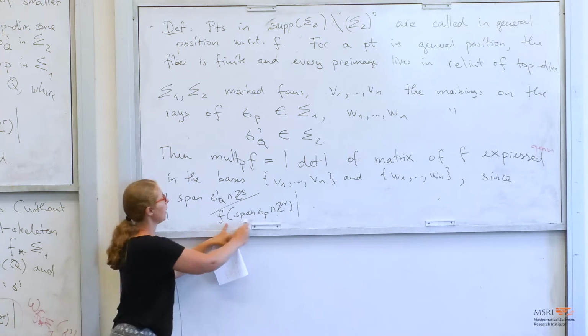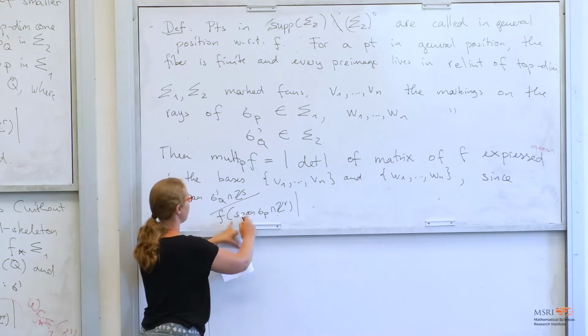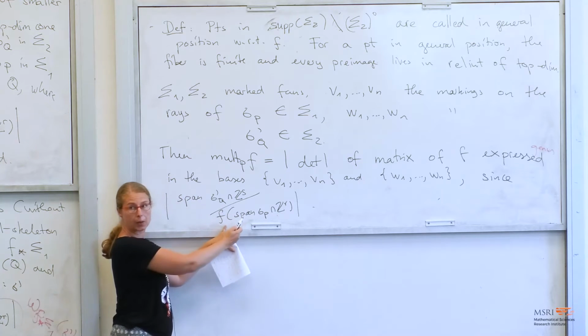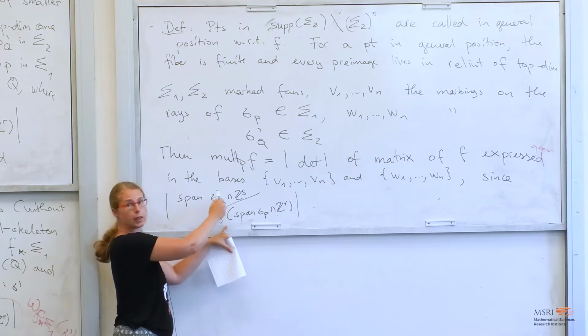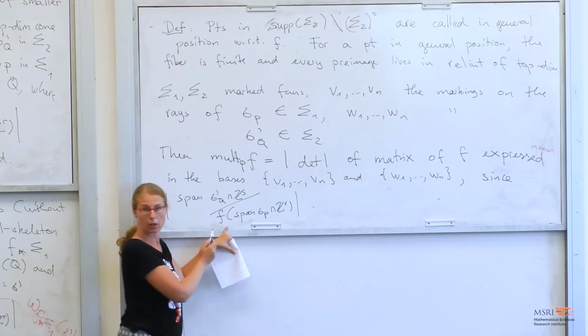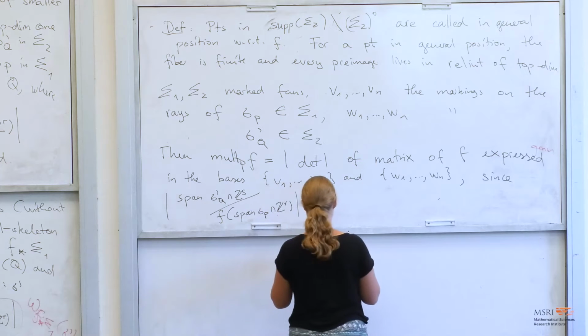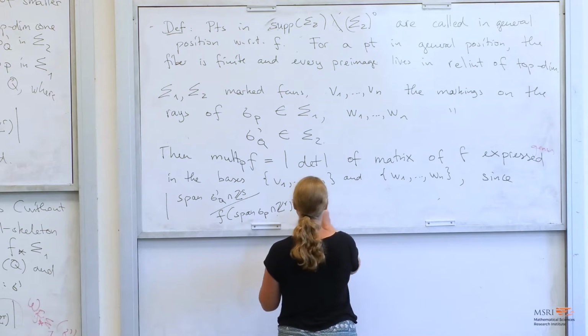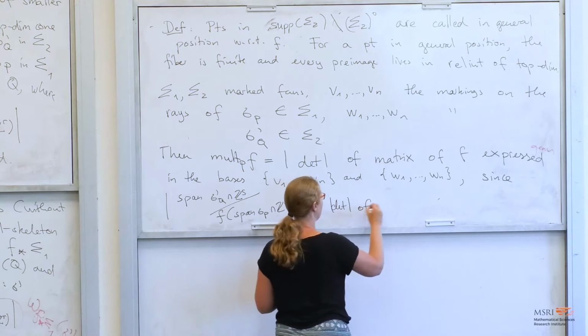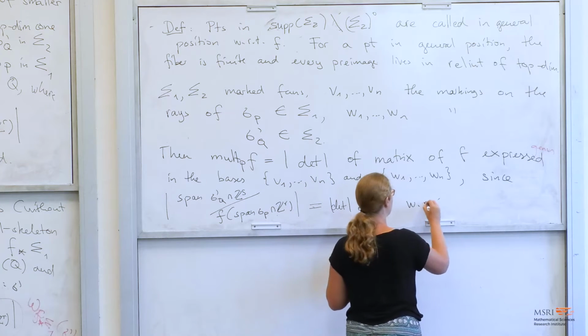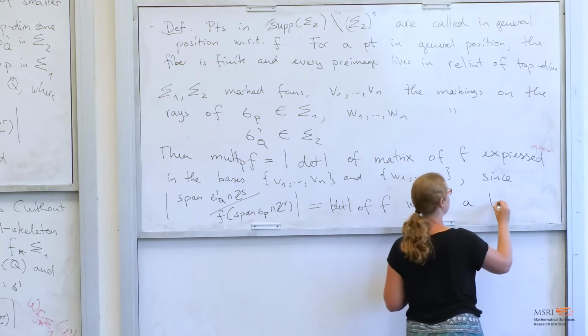If I pick a lattice basis of this, map it forward with f, then I get a square matrix if I express the images in a basis of this. And the determinant of this square matrix is precisely the index of this lattice. So it equals the determinant of f with respect to a lattice basis.